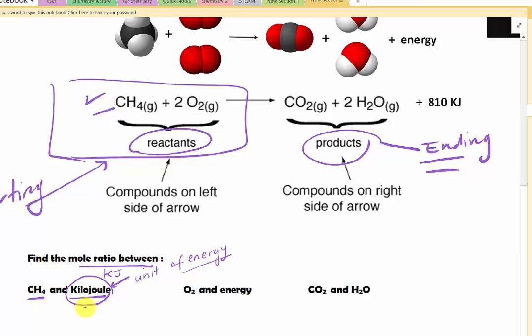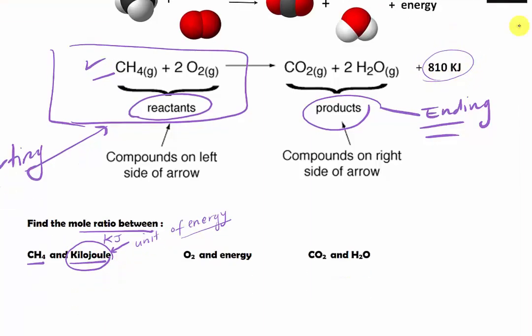And kilojoule is a unit of energy, so we're looking for kilojoule right here. So we have 1 mole of CH4 because the coefficient is 1. So 1 mole CH4 equals kilojoule, which in this case is 810 kilojoule. And this is our conversion factor.